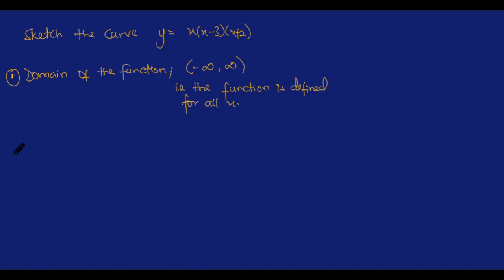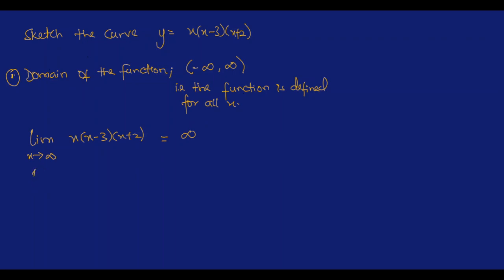After finding the domain, we can check the limits of the function as x tends towards infinity. Maybe that can give us an idea of the range. As x tends towards infinity, for this function x multiplied by x minus 3 multiplied by x plus 2, we get infinity multiplied by infinity multiplied by infinity. From our knowledge of limits, as treated before, this becomes infinity.